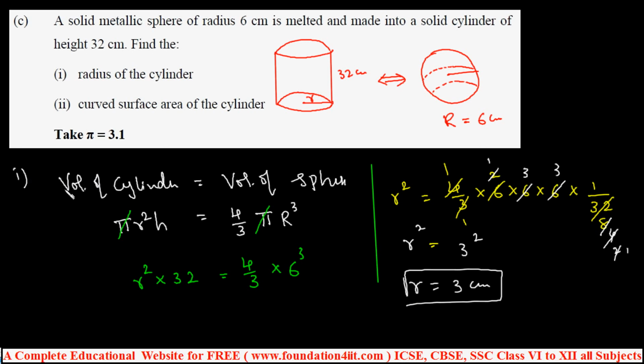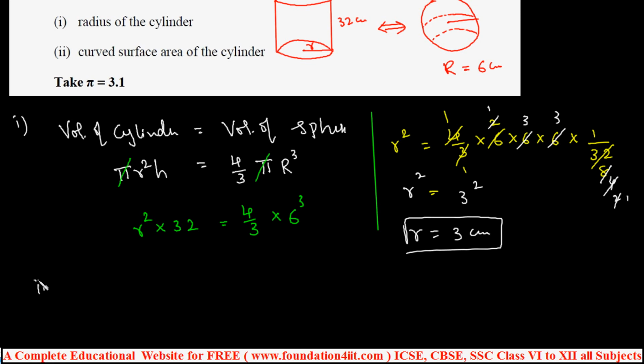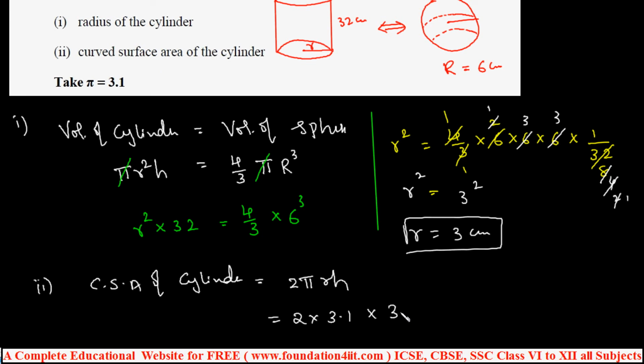Now CSA of the cylinder. So second one, the curved surface area of the cylinder. So CSA of cylinder, you can apply the formula 2 pi r h. So 2 into 3.1, as mentioned in the question, take the pi value as 3.1, r is 3, into height, which is again 32.